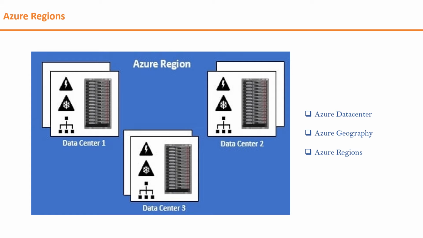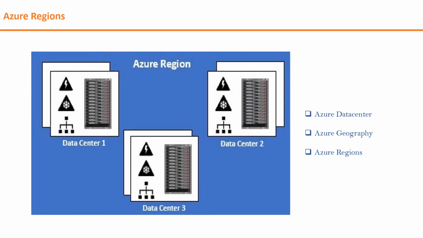Next, we'll look at what Azure regions are. An Azure region is a set of data centers that are connected through a dedicated low latency network. How many data centers does a region contain? Well, we don't have a fixed number. It varies. There are regions of different sizes.